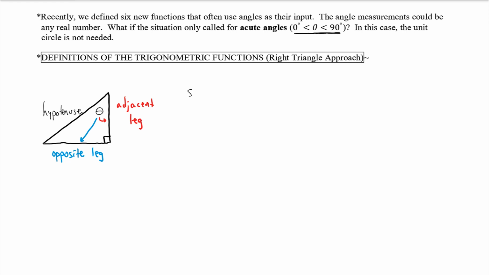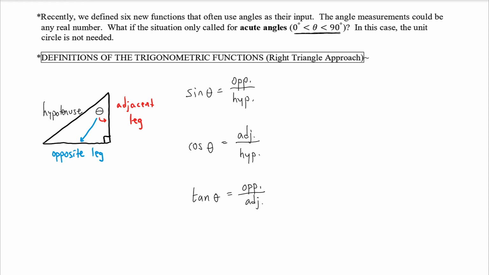Sine of that angle is the opposite leg divided by the hypotenuse. Cosine of that angle is the adjacent leg divided by the hypotenuse. Tangent is the opposite leg over the adjacent leg.